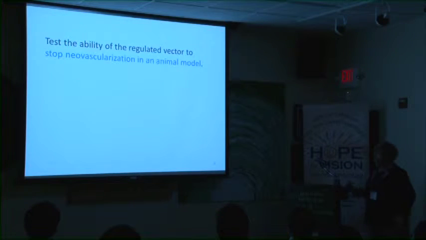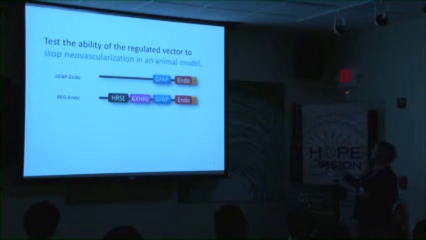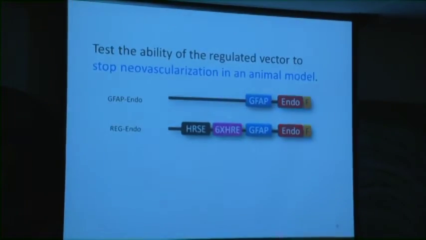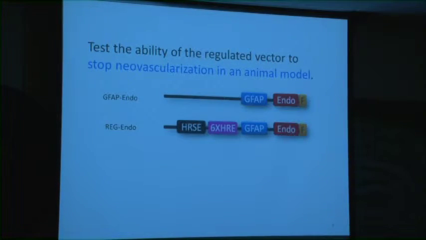So we wanted to test the vector that has the GFAP promoter, and we wanted to show that it could stop neovascularization in an animal model. So we used here an unregulated vector, if you will. And we also used our experimental vector, which has these hypoxia responsive elements. So if these two vectors get in the cell, this would be turned on all the time.